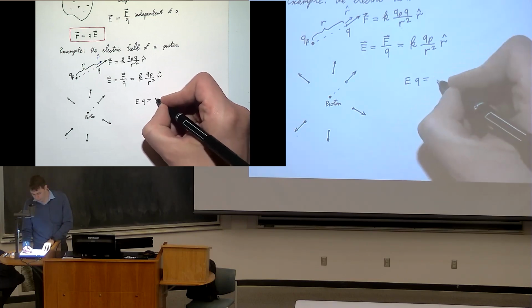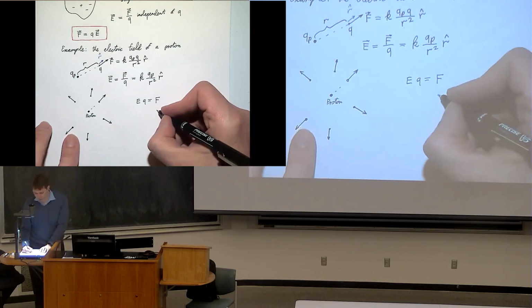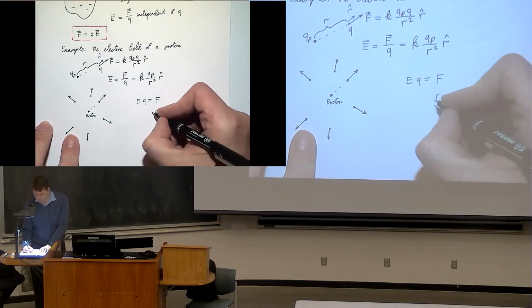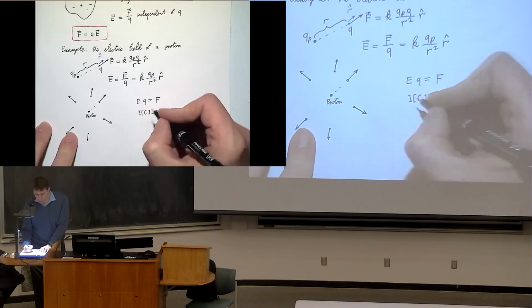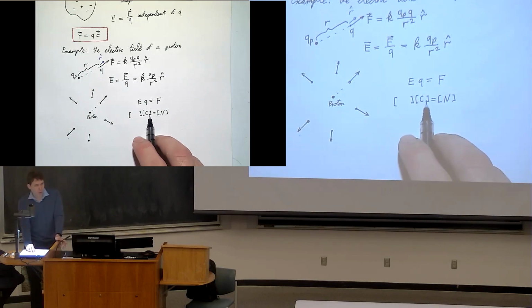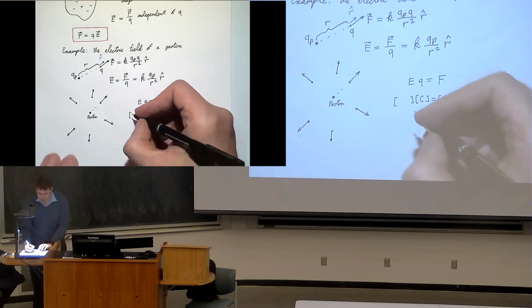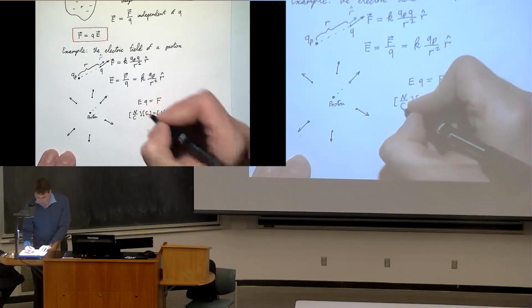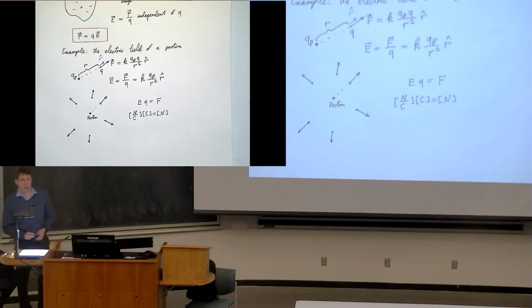EQ equals F. And we know that the force F is measured in newtons, charge is measured in coulombs, and we've got to multiply coulombs by something that will give newtons. And that something is going to be newtons over coulombs. So that should be the dimension of electric field.